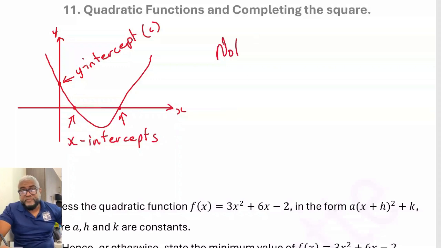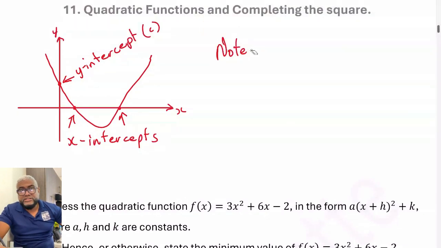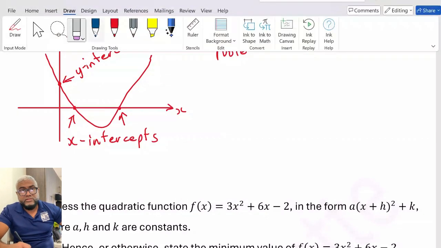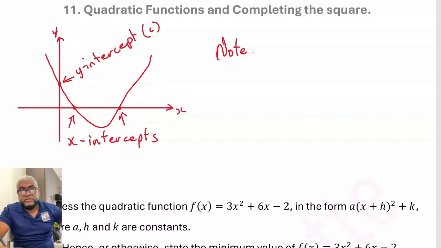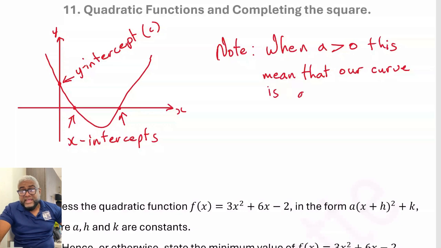Points to note. When A is greater than 0, this means that our curve is a minimum.